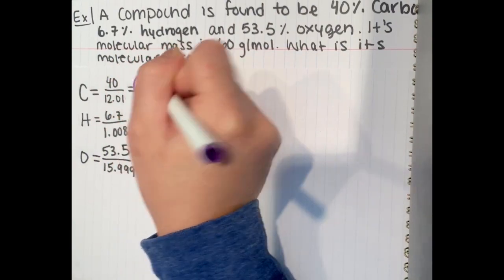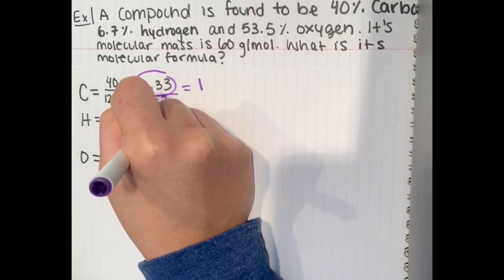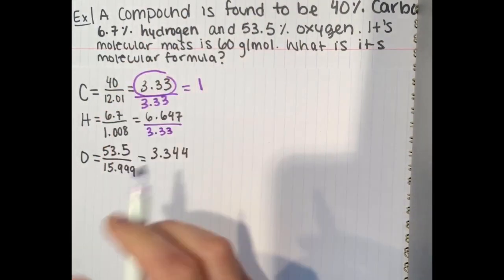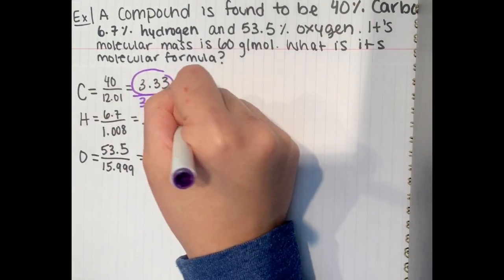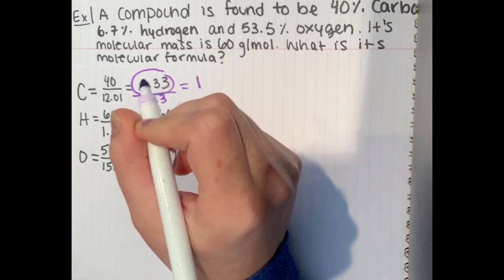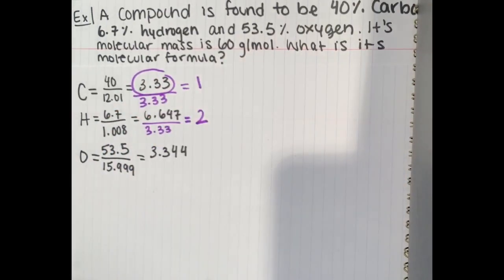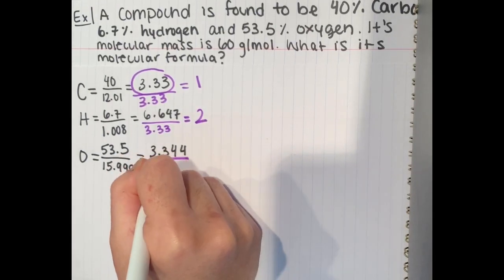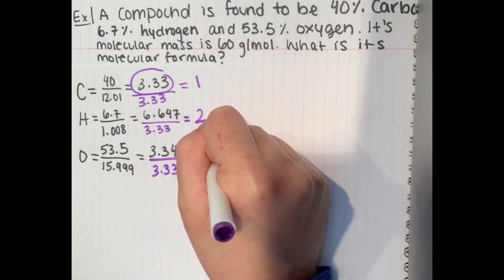So 3.333 divided by itself is 1. 6.647 divided by 3.33, if you put it in your calculator, just round it to the next whole number. So it's going to be 2. It's very close to 2. And then 3.344, when you put it in your calculator, you'll basically get 1.